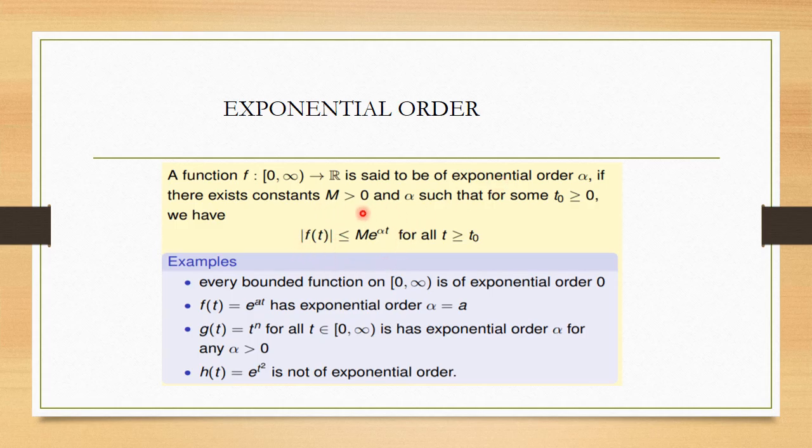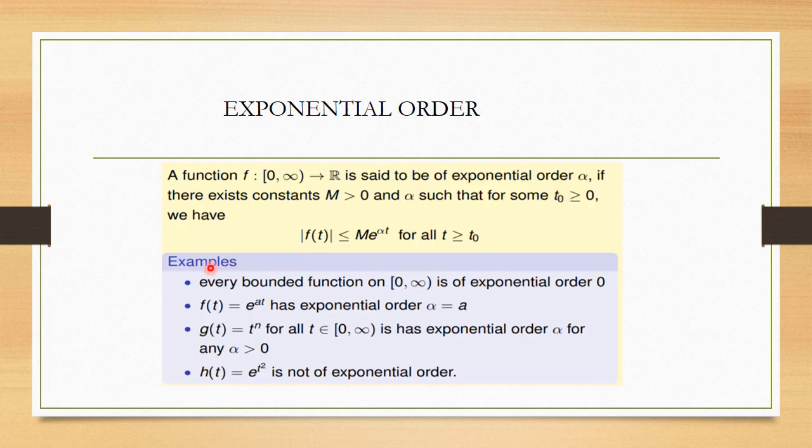Basically, we can easily see from this inequality that the graph of this function should lie below the graph of the exponential function. Then we will say this function behaves like an exponential function. So that means this function is of exponential order.